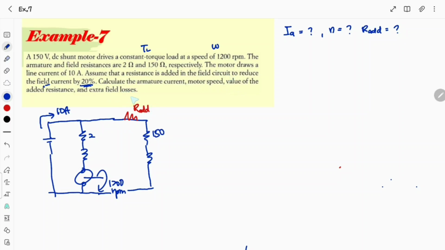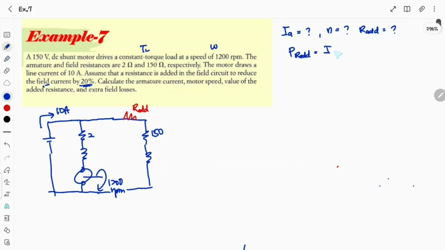Extra field losses refers to the additional resistance there, so it's the loss in RX, not the field losses. Field losses would involve RX and RF here. This one is RF, and this one is your RA. Since the question only asks you to calculate the extra field losses, meaning this one, when you add more resistance, you get extra losses for the circuit or for the motor operation.